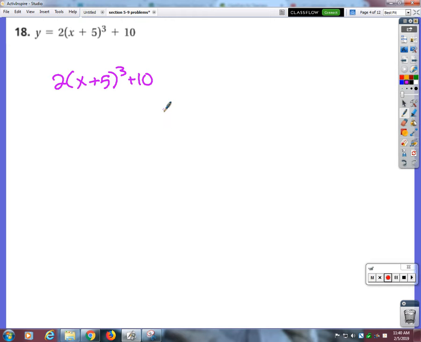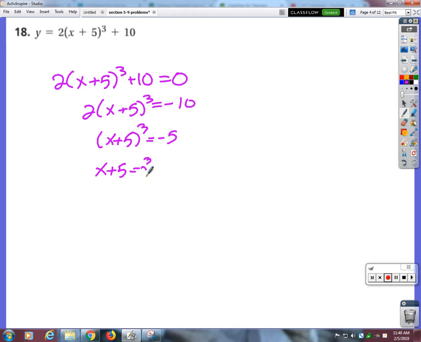All right, so to find the real zeros of the function, you take the function and you set it equal to 0. That's one of the reasons they're called zeros. So subtract 10. And then cube root both sides.